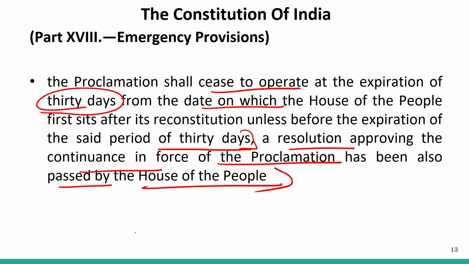So let's try to summarize so that it becomes very clear to you how the emergency will take place. For example, 1st June 2024, the President decides that an emergency is to take place.